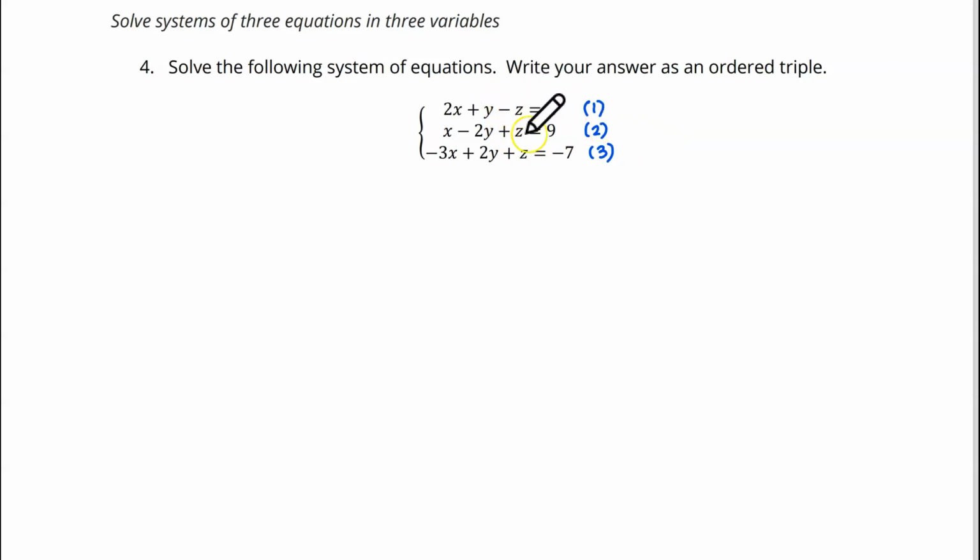So we will eliminate z from equation 1 and 2. We can eliminate that by simply adding the 2 equations.